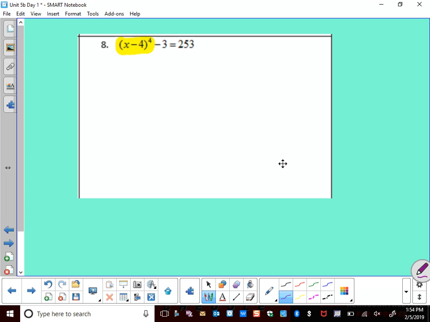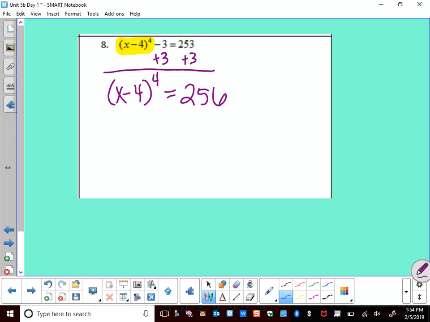So I'm going to add 3 to both sides, and I get x minus 4 to the 4th power is equal to 256.